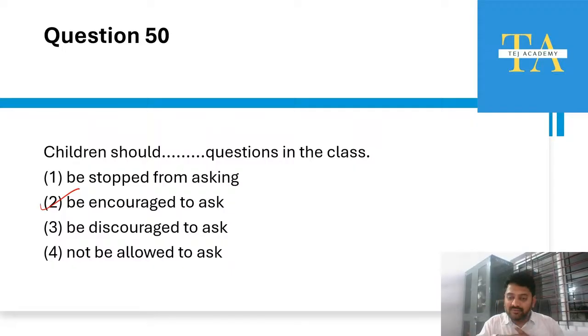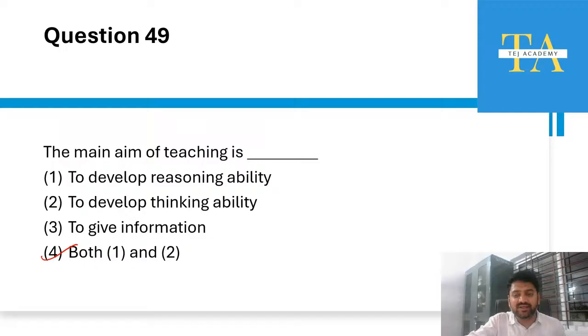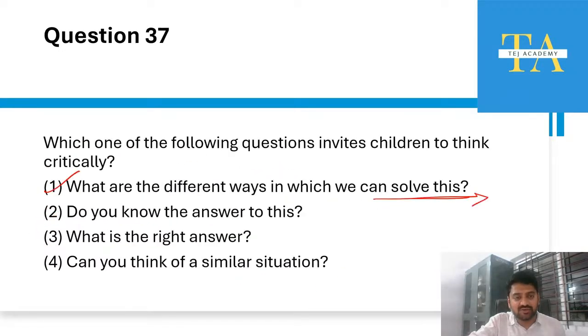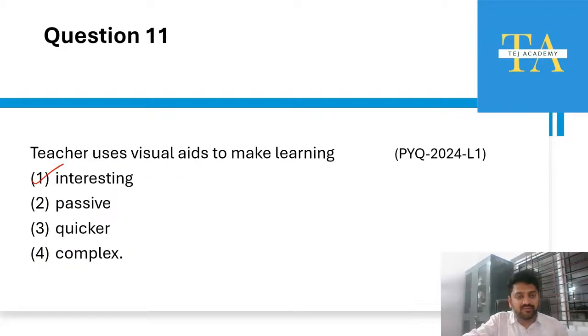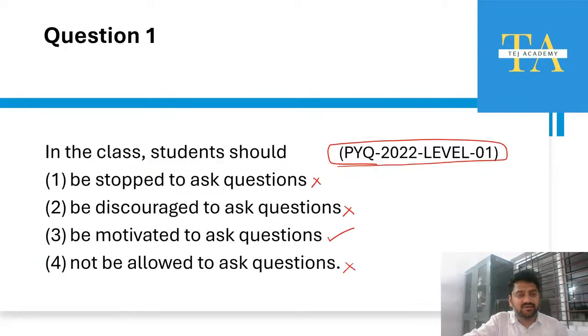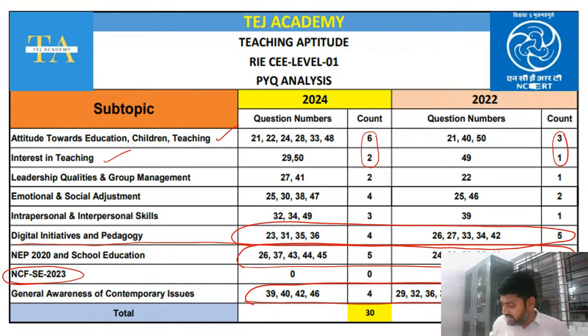So we will provide the same sessions in the coming 2 days. Again, I will come with another 50 questions on the remaining topics. Let me just once again show the paper trend. As I already showed you, today I have covered the possible number of models on the first and second subtopic: attitude towards education, children and teaching, and also interest in teaching.